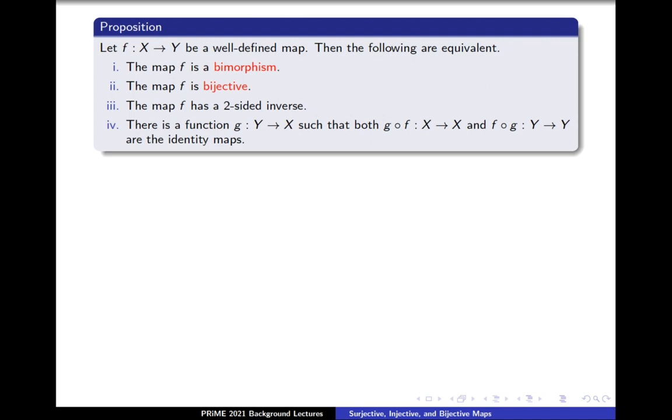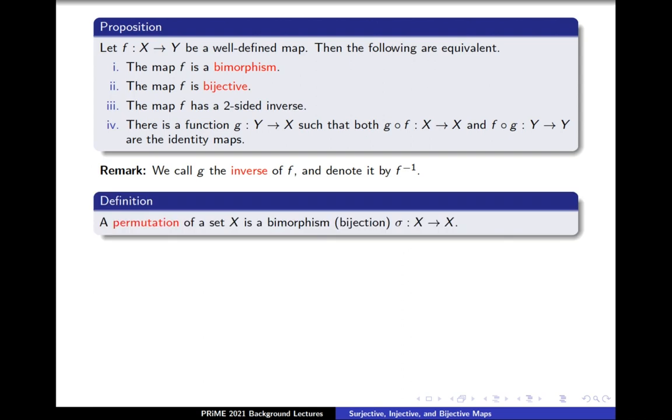So this means that there is a function g from Y to X such that both g composed with f from X to X and f composed with g from Y to Y are the identity maps. We call g the inverse of f and denote it by f to the negative 1, or f inverse. A permutation of a set X is a bimorphism or bijection sigma from X to itself.